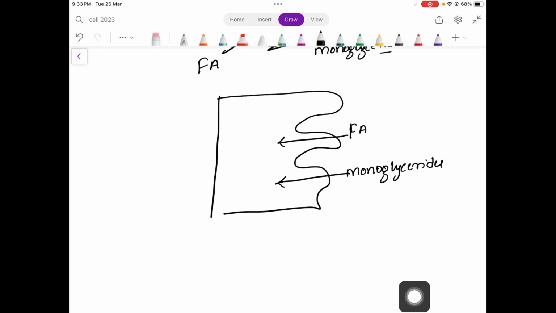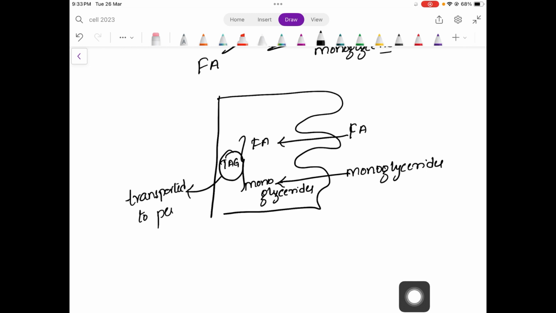After they are broken down, they are absorbed into the intestinal cell, and again they are converted back into triacylglycerols, and these triacylglycerols are transported to peripheral tissues with the help of chylomicrons.